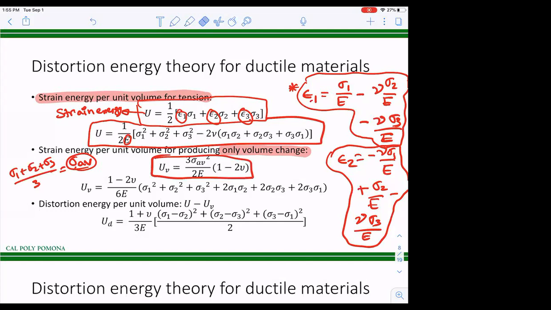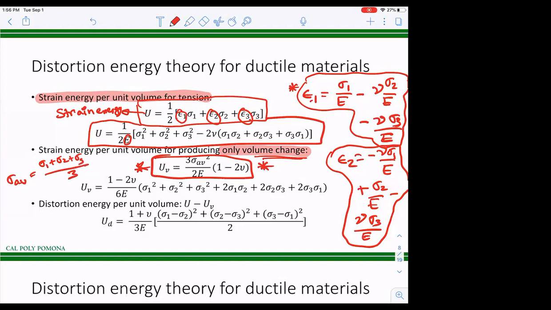So for strain energy per unit volume for producing only volume change, instead of sigma 1, 2, 3, you put sigma average, and this is the formula you get. Now you can expand sigma average as sigma 1 plus sigma 2 plus sigma 3 divided by 3.